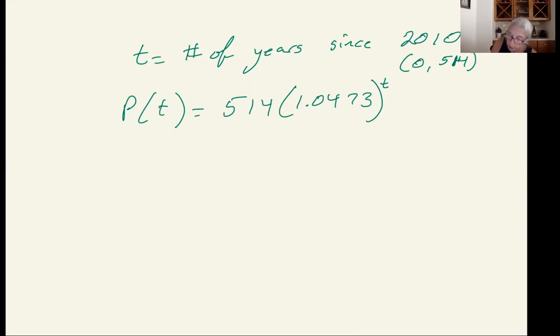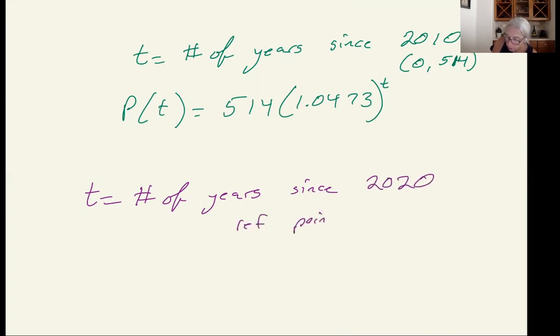What if I changed my T value again? What if I said T was defined as the number of years since 2020? Now, since I know in 2010 I have 514 deer, my reference point here, if T is the number of years since 2020, 10 years before that, is negative 10, 514.